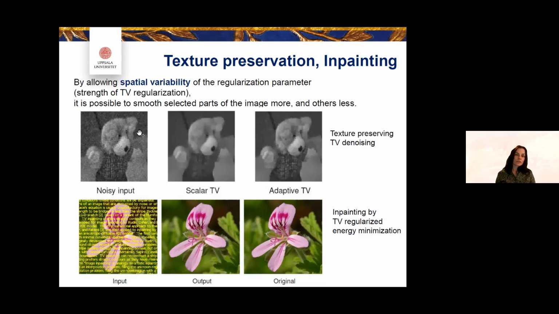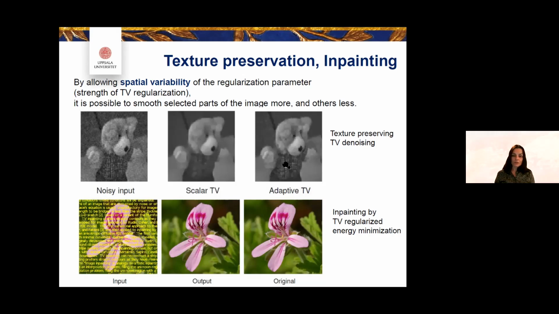And now this is an example of what I can achieve. This is my noisy input. And this is how the output, the estimated original, would look if I use total variation as a regularization in my restoration by energy minimization. And then if I compare that with this new suggested version, what is called an adaptive total variation, then I see that there are these regions which are not so flat, which I know that they shouldn't be.